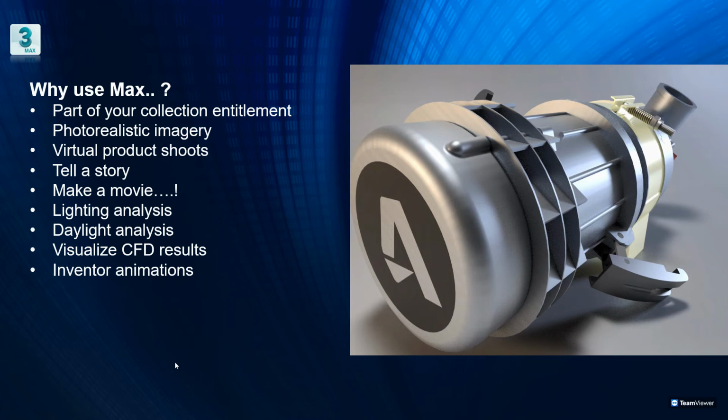Lighting analysis. Now, this is an interesting one because, for instance, in your sign making business, I know that when you want to take a look at how the lights are going to act on the material and the lettering, when it's sitting out there in the dark or on the road in sunlight, what happens is the guys actually make a physical prototype of this. If you've got something that's 3 by 4 meters or 4 by 6 meters, they'll create it.